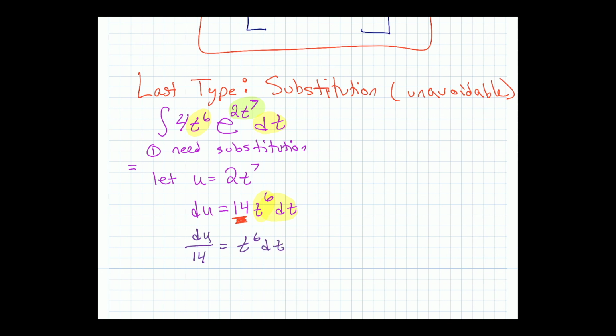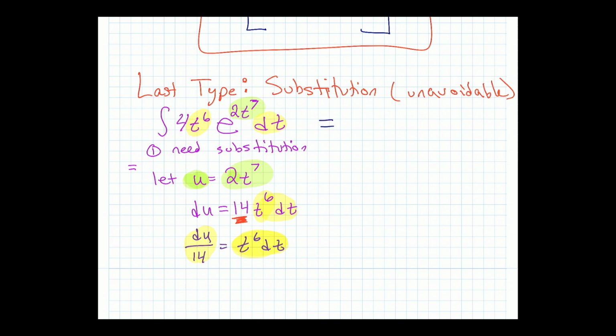Okay? So then what you need to do is just replace this and also this, right? So 2t to the 7th is u, and t to the 6th dt is du over 14. So you make your substitutions this way.